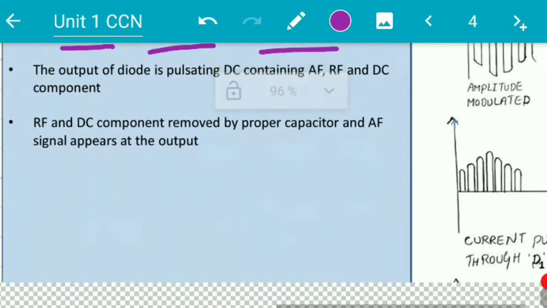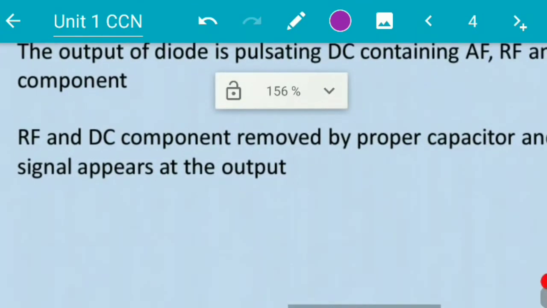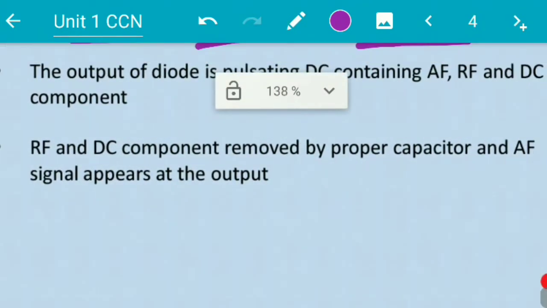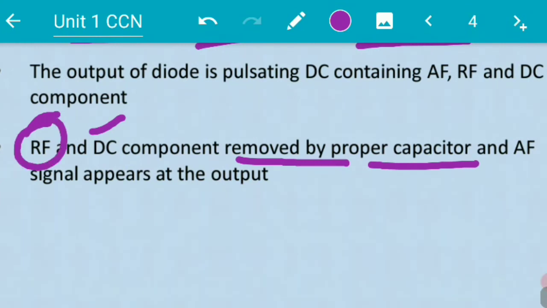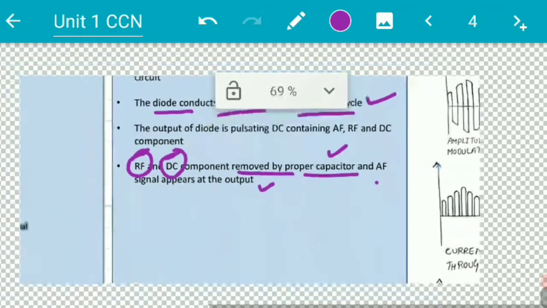Then the RF and DC components are removed by the capacitor. RF means radio frequency, and the DC component in the audio frequency is removed by the capacitor, and the processed signal appears at the output.